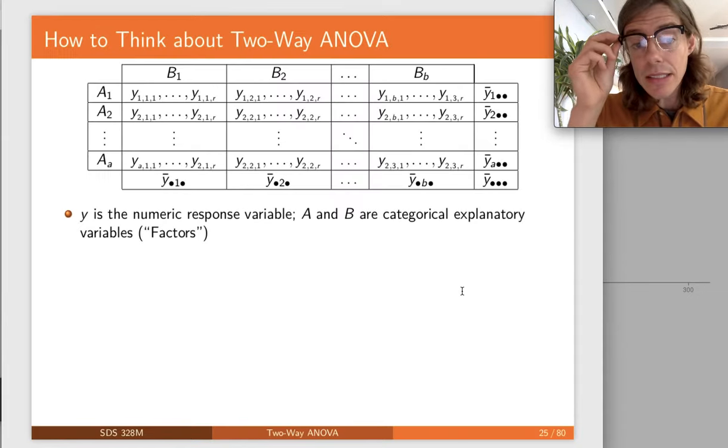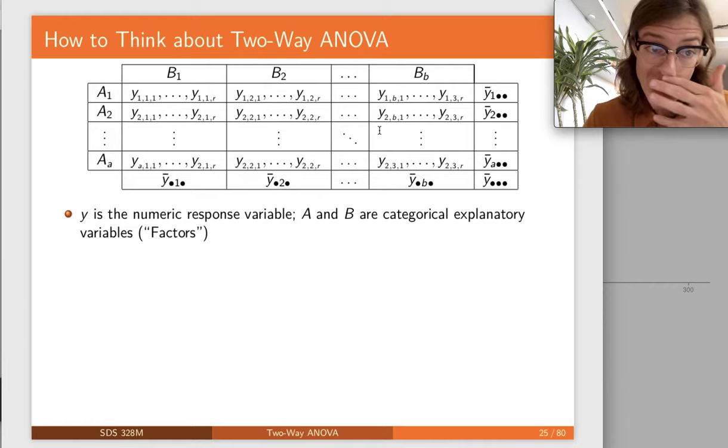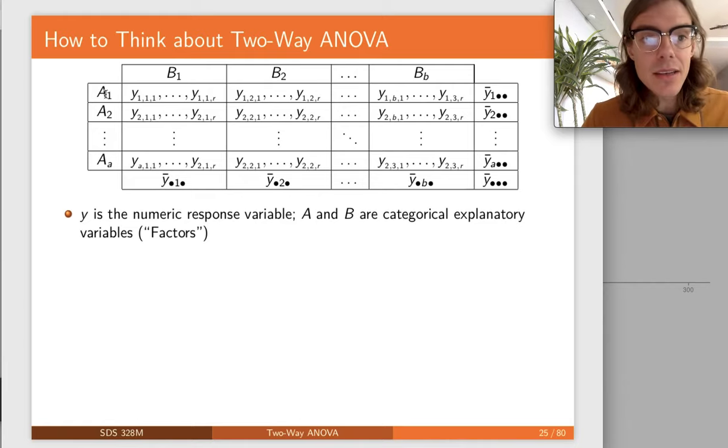So think about it like this. Think about a table, and I'm going to fill this in with real numbers in a second to make it concrete. Let's say A1, A2, all the way up to however many groups you have for this factor. Let's say this is low dosage, middle dosage, and high dosage. And let's say this is younger people, middle-aged people, and older people.